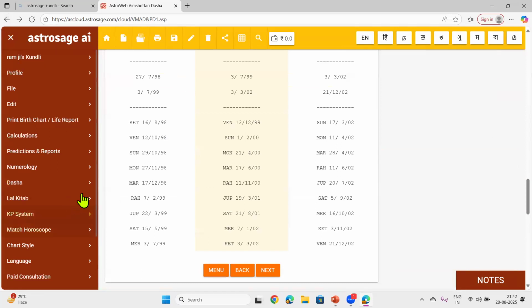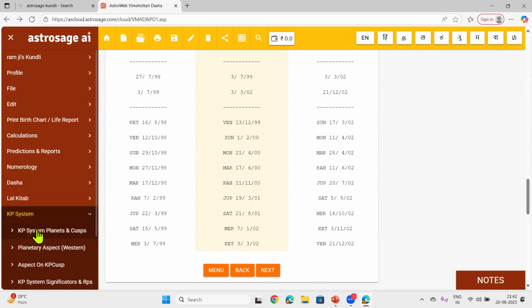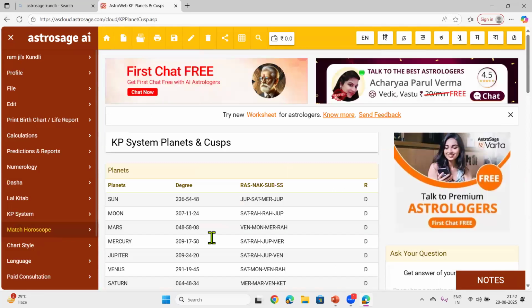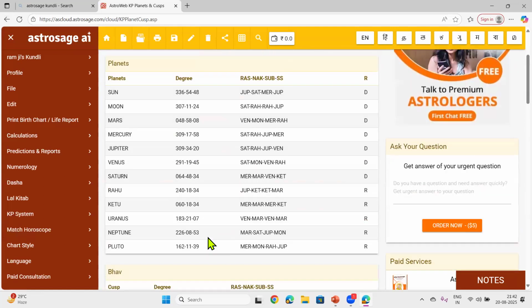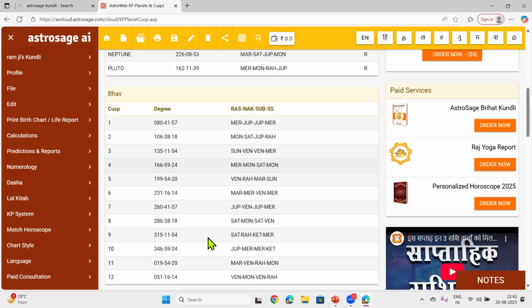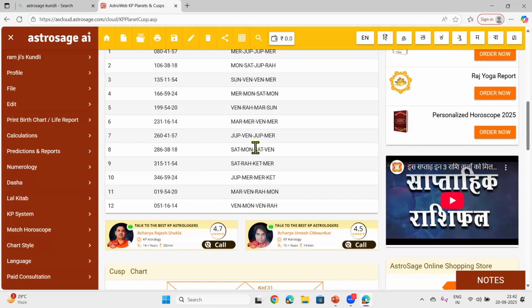Now the second child must be related to the seventh house. So now I have to find out the seventh house first. See who is the nakshatra lord? Venus.